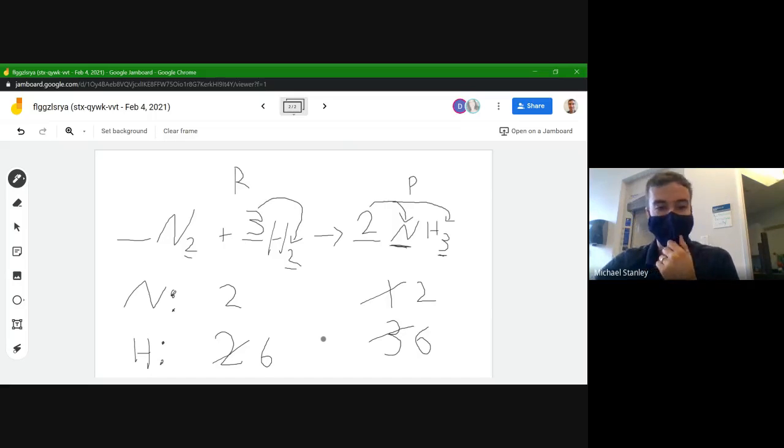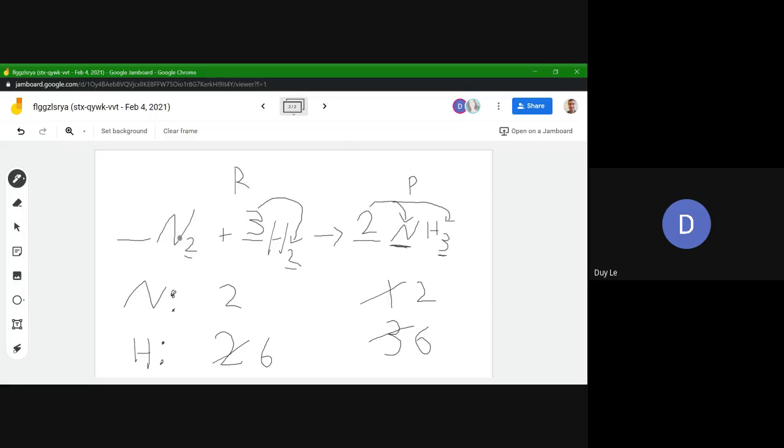Ooh, this looks nice. All right, so let's double check here. When we do something like that, we need N equal to N, reactant equal to product, like N equal to N and H equal to H.